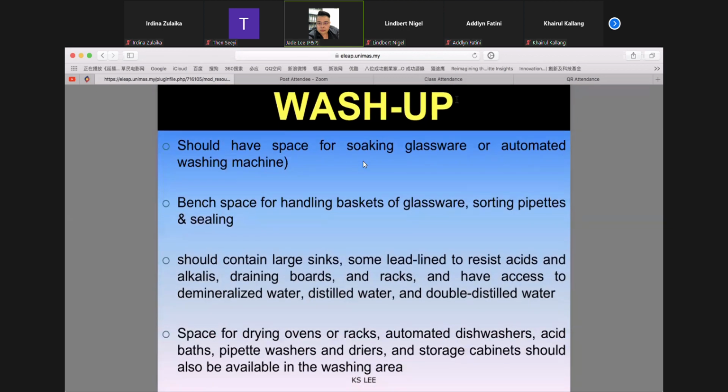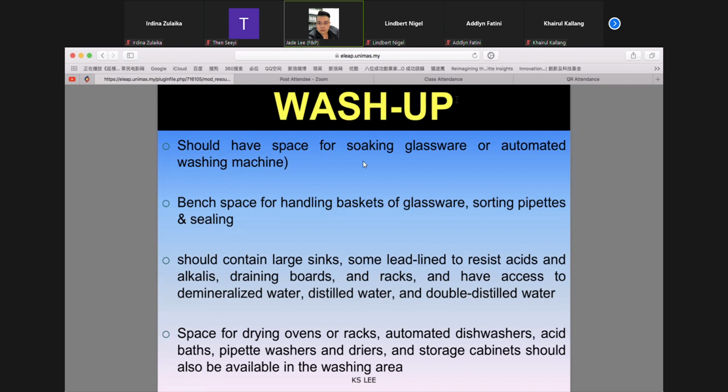Now, look at the washing up area. So the wash up area should have a space for soaking glassware or an automated washing machine. In some luxurious labs, they have the automated washing machine, especially in temperate countries, because they have winter, and during winter you don't want to touch the water because it's icy cold.